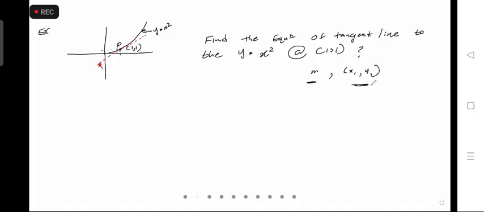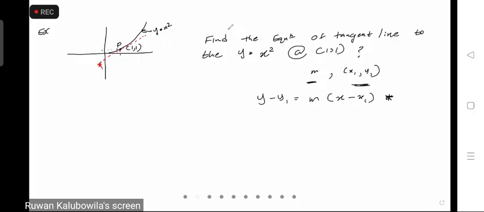If you know these two, you can write down the equation of a line. Right? y minus y1 is equal to m times x minus x1. So this is the equation.